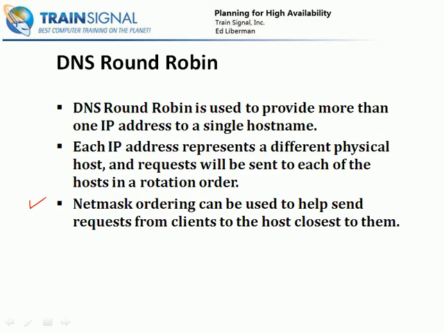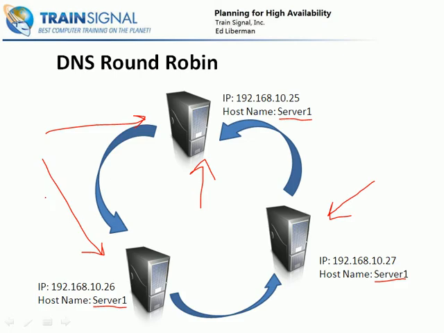Okay, so in the example that we had here, all three servers were on the same subnet, but for instance, if maybe this one up here was on the 192.168.10 network, and then maybe this one we could say is on the 192.168.11 network, and we'll take this one and make it on the 192.168.12 network.